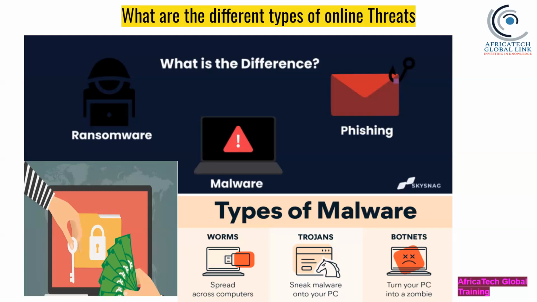Worms, Trojans, botnets. Even in an interview, they can test you by putting up www.apple.com or www.apple.edu and ask which one is compromised. The real one is Apple.com. You have to know those basic things to even know which one is real. You can do your own research.